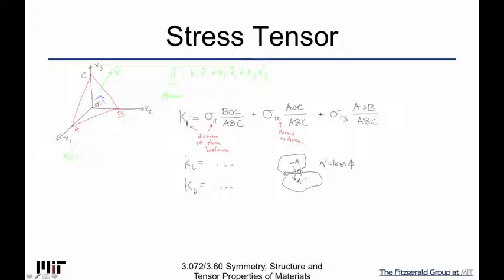So the normal, for example, here, if I'm projecting ABC onto BOC, then X1 is the normal to BOC, and the normal to ABC is n.